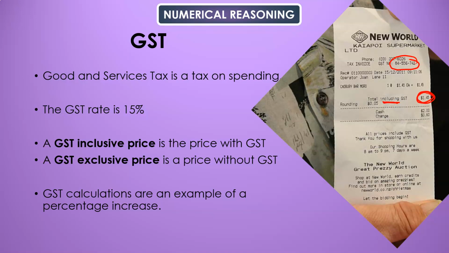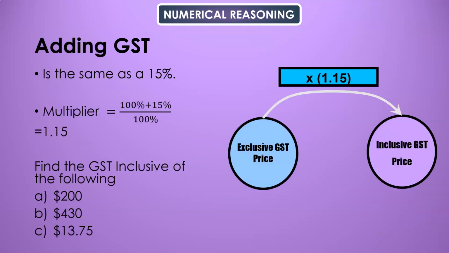But GST calculations are just an example of a percentage increase. And going back to the diagram that we've looked at before, it's exactly the same as a 15% increase. So the key thing that we need to know is obviously working out the multiplier.